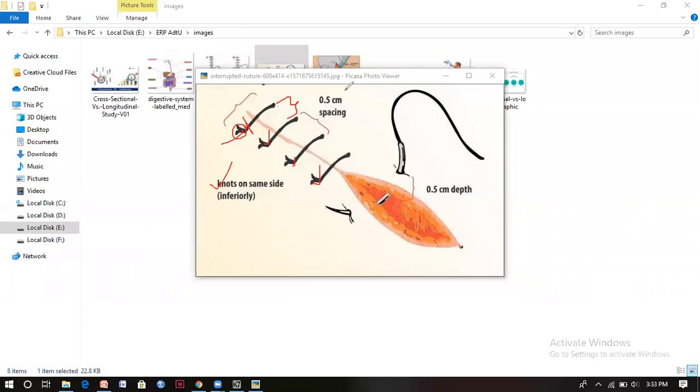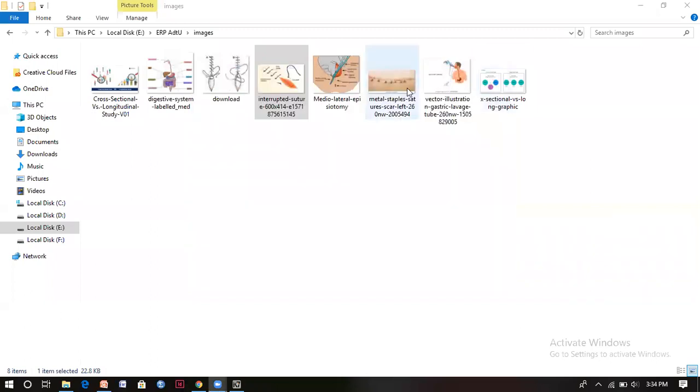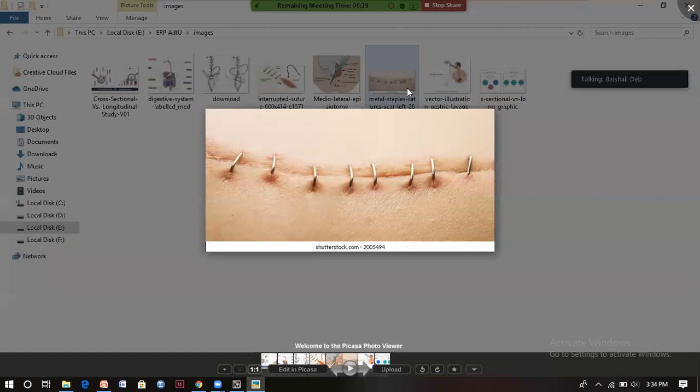Spacing should ideally be 0.5 centimeter, but however you do the suture, the spacing should be equal and the depth should not be too much, because the chance of blood vessel injury is high in patients with a deep cut. So this is interrupted suture, and then we have the last one, which is staple sutures.